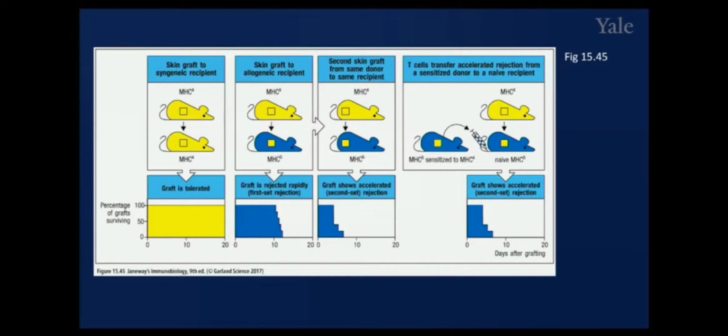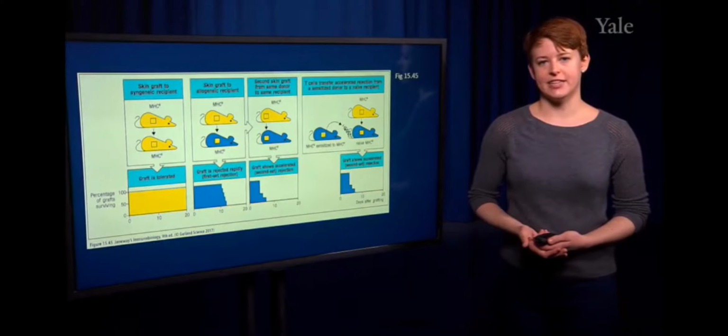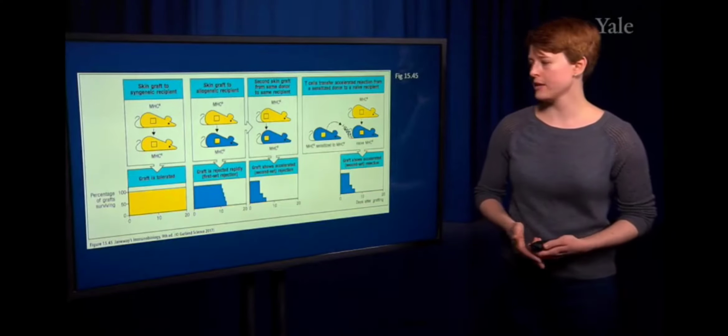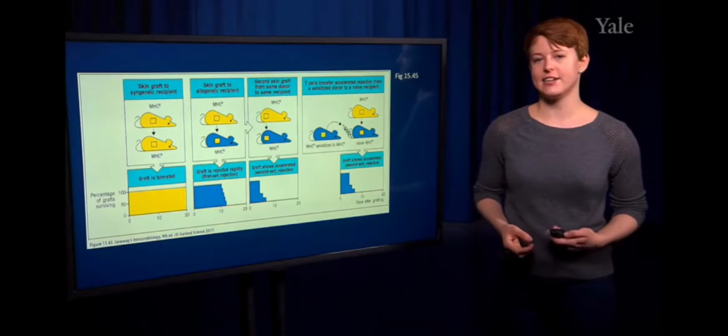So we can then narrow down which parts of the adaptive response are important by transferring cells from a mouse that is already sensitized to the donor skin graft.